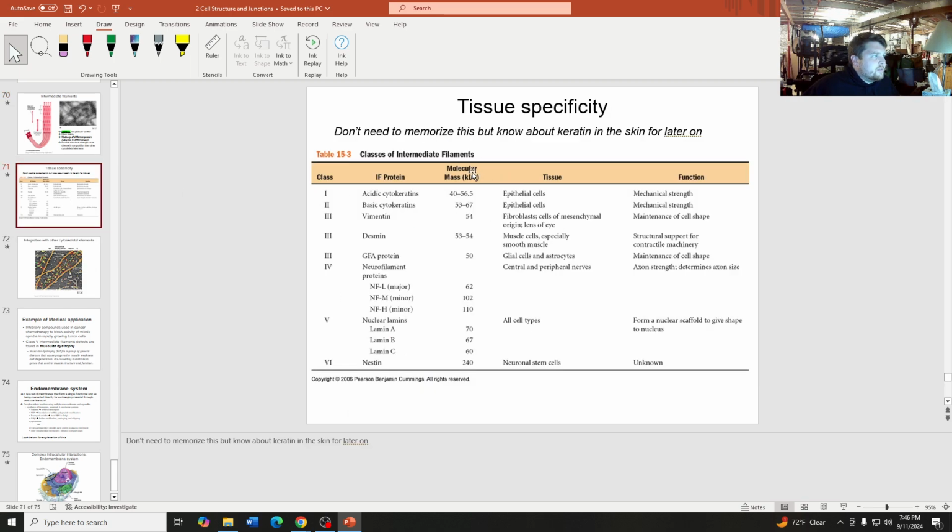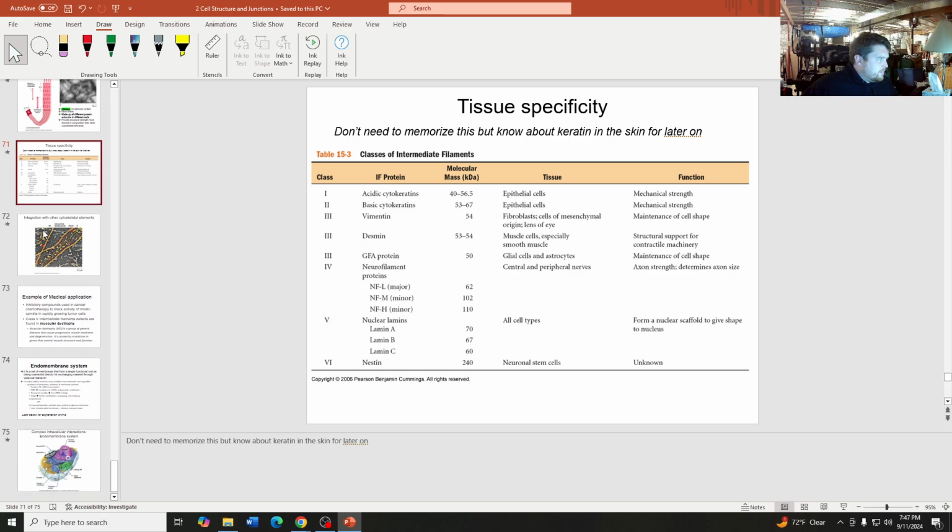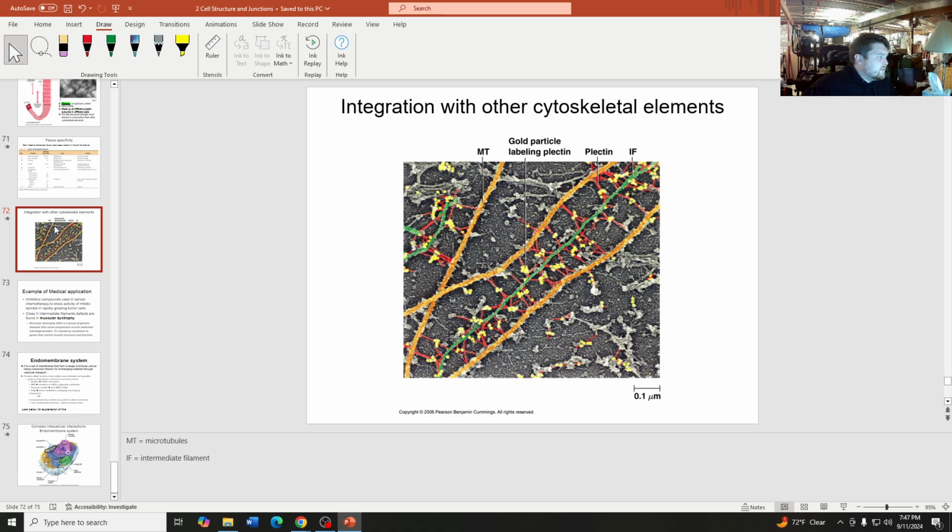So here we can see, again, you don't need to really memorize this whole thing. The one that typically does get asked about is keratin is in the skin. Later on, we'll talk more about that as well. But you can read through it, just look at some of the names. Don't worry too much about this specific slide.